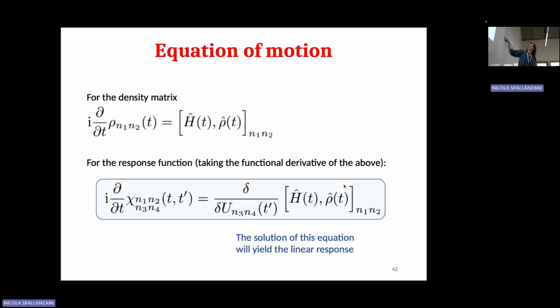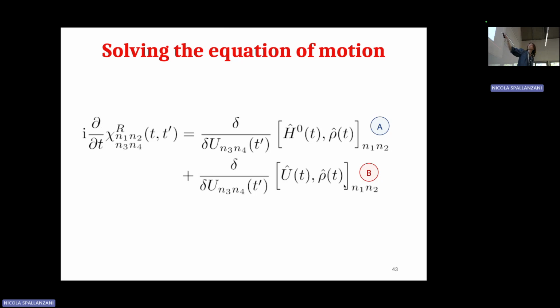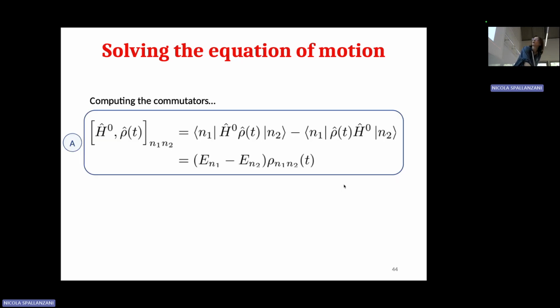And then for the response function, we calculate the derivative of rho with respect to this total potential. And the demonstration is very similar to what I've shown you before. So we have these two commutators. One is neglected because it's of second order, as we have seen.